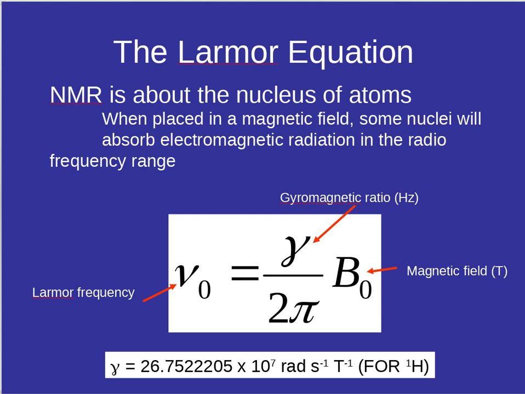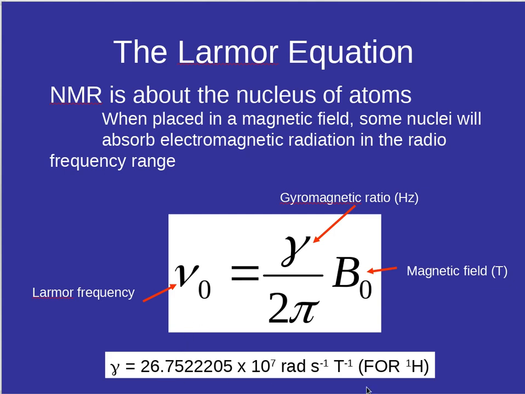Some will, some won't. But if they do, then the Larmor frequency is given by the gyromagnetic ratio that's specific to the nucleus times the magnetic field all over 2 pi.